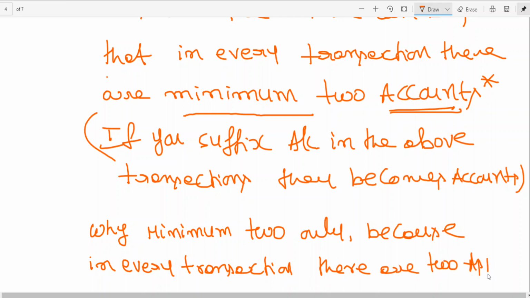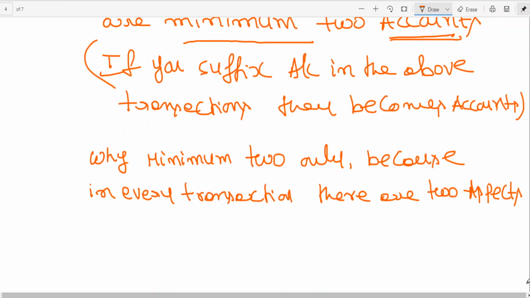Am I right? Two aspects: receiving aspect, the receiver, and giving aspect, the giver. That is the minimum two.